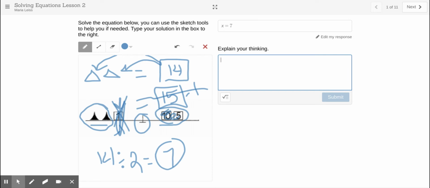Now on to explaining. The first thing I did, we combine the 10 and the 5 to give 15. Subtracted 1 from both sides to get the triangles.